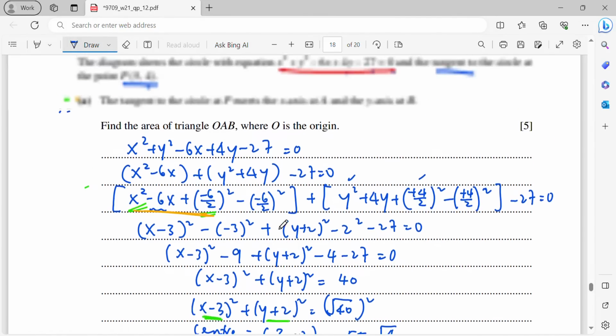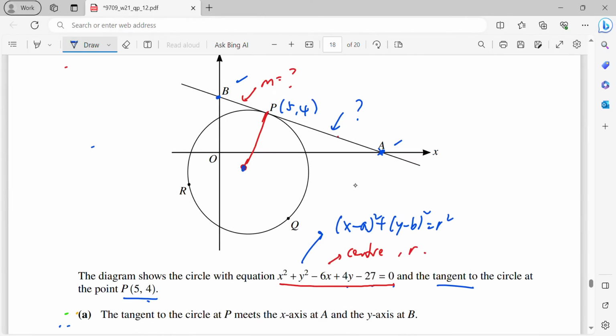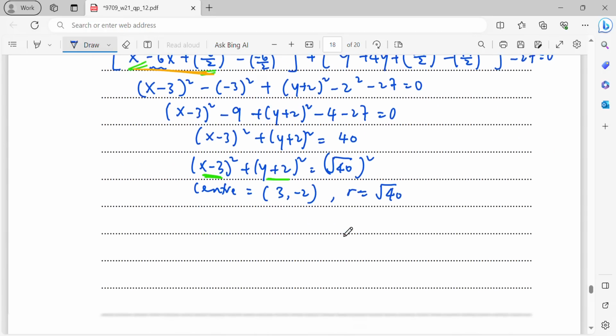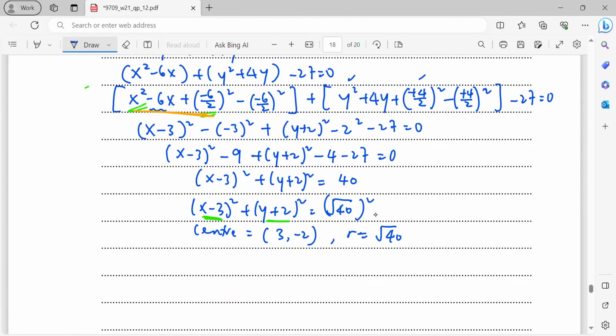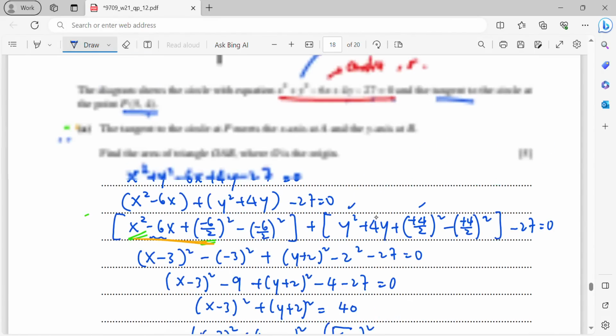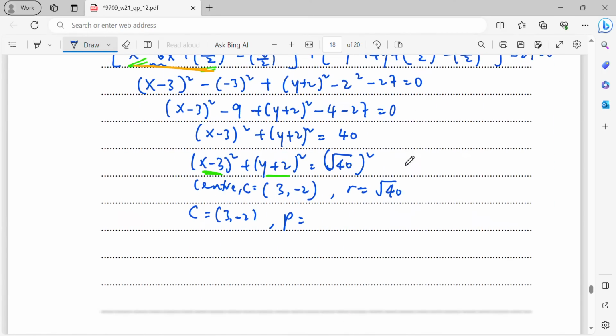Okay, so now I have found the center, as I mentioned just now, this point with coordinates 3, minus 2. Then I can find the gradient. I label the center as C. So now my C is 3, negative 2, and P is given as 5, 4. So now I can find the gradient of CP.